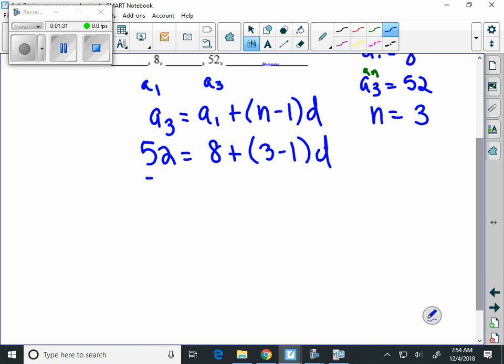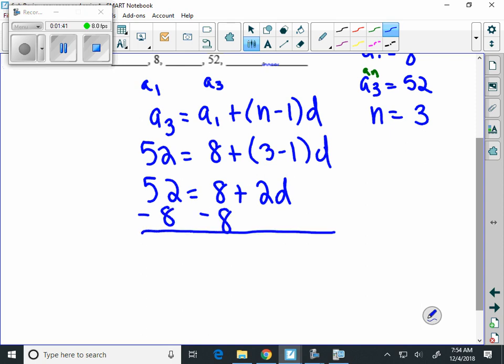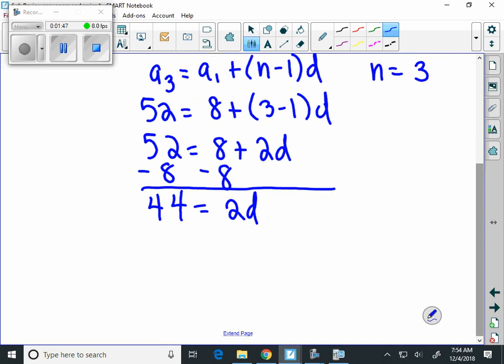So we get 52 equals 8 plus 2d. Subtract 8 from both sides. 52 minus 8 is 44, so 44 equals 2d. And finally, divide both sides by 2 gives us a common difference of 22.